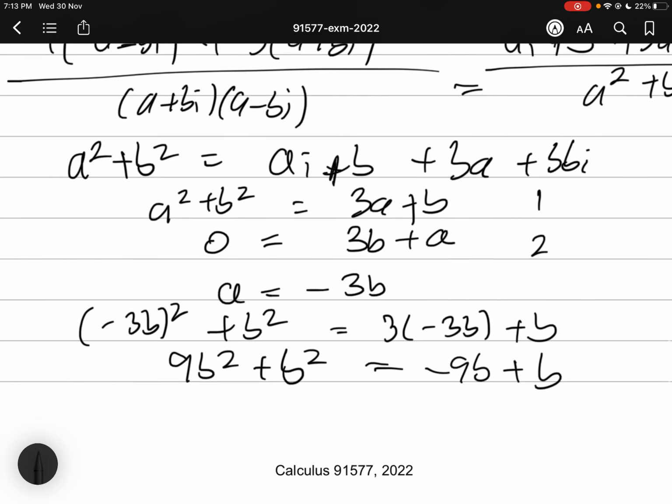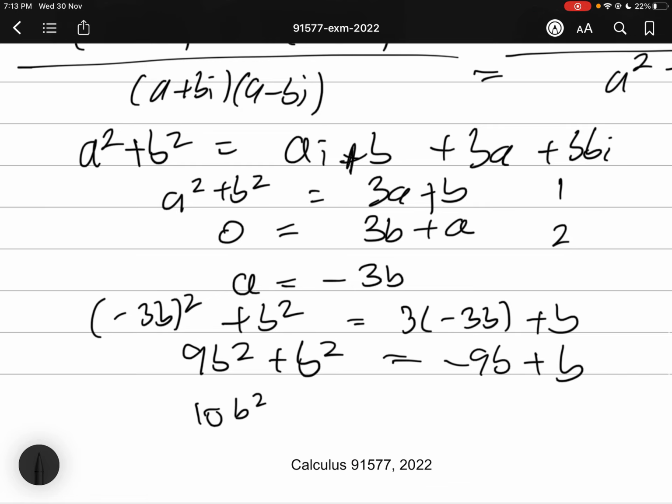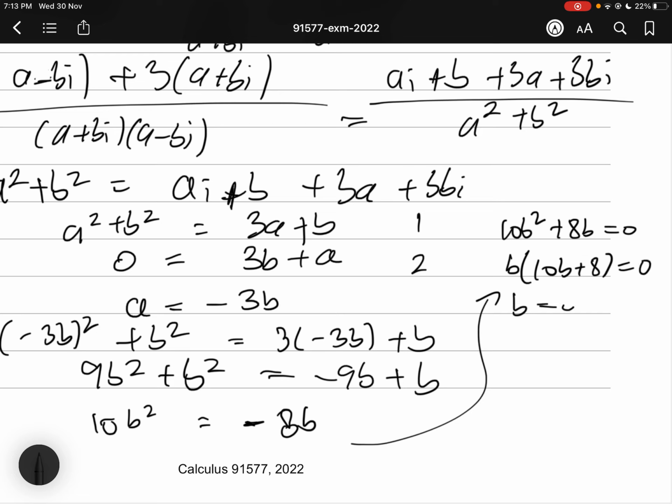So 10b squared is equal to negative 8b. And therefore we have 10b squared plus 8b equals 0. b times 10b plus 8 equals 0. Therefore, b equals 0, or b equals negative 4 over 5.